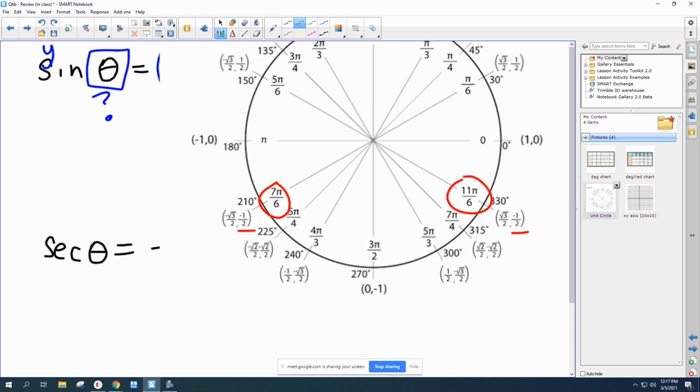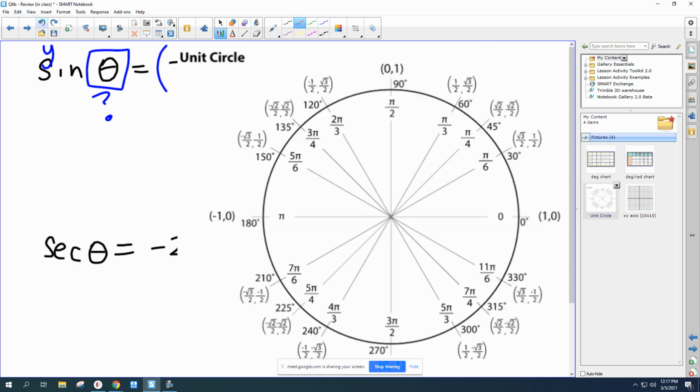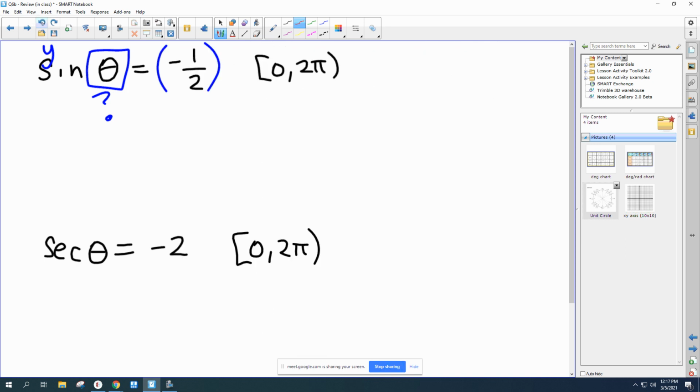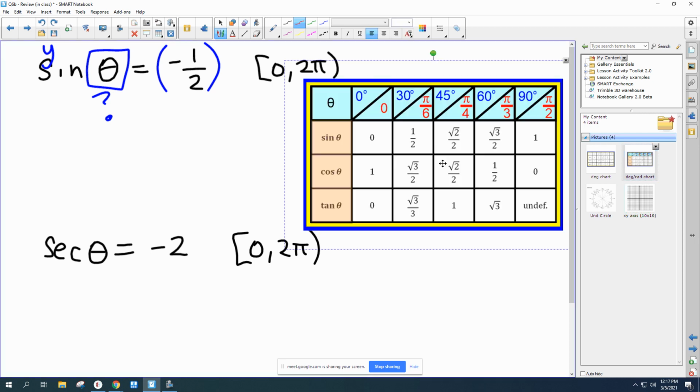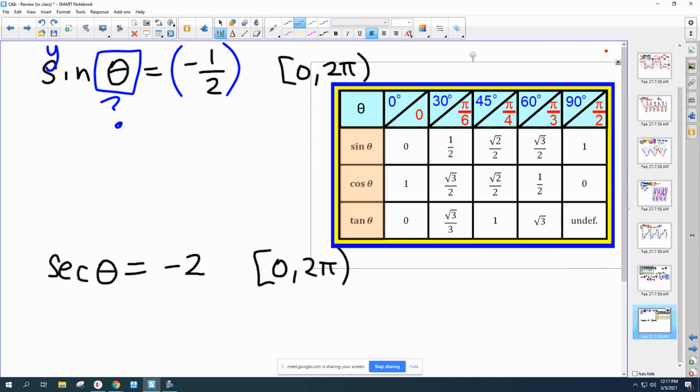I'm looking for the angles, plural, that produce a y-coordinate of -1/2. Probably not going to give you the circle, just the chart. And it's very similar to what we've been doing. So if you look at the chart, you can see a sine and you can see a 1/2, and that's going to lead you to pi over 6.